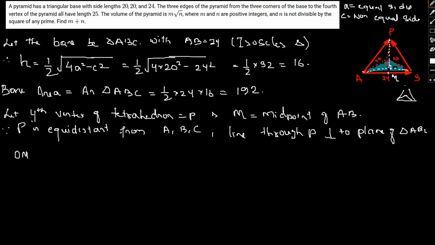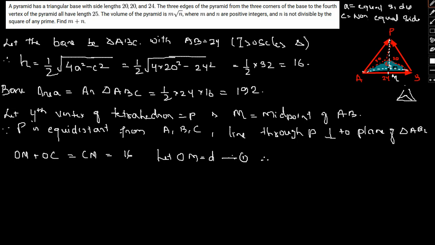So OM plus OC will be equal to CM, since it's a straight line, but CM is the height we already figured out to be 16. So let OM equal d, and let this be equation 1.